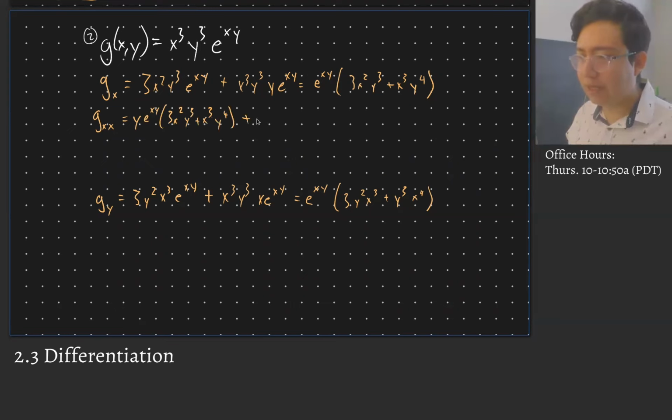Plus, now this e to the xy gets left alone, and we just do the derivative of the stuff in here with respect to x, so that's 6xy cubed plus 3x squared y to the fourth.